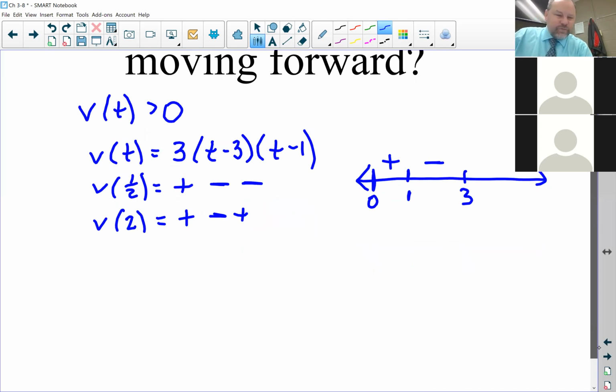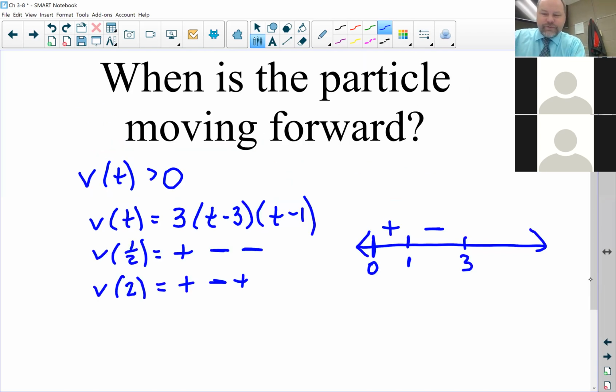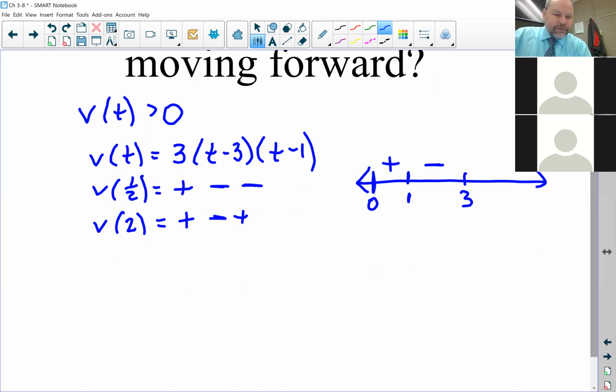And that last interval, pick a number greater than 3. I'm going to resist the urge to choose pi. I'll use 4. Again, the 3 out front is always positive. 4 minus 3 is positive. 4 minus 1 is positive.